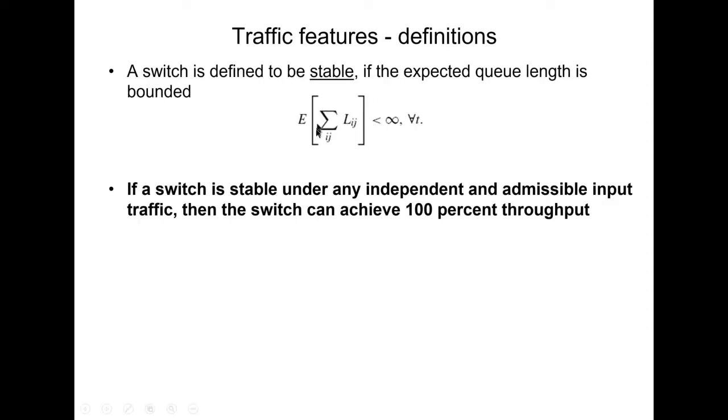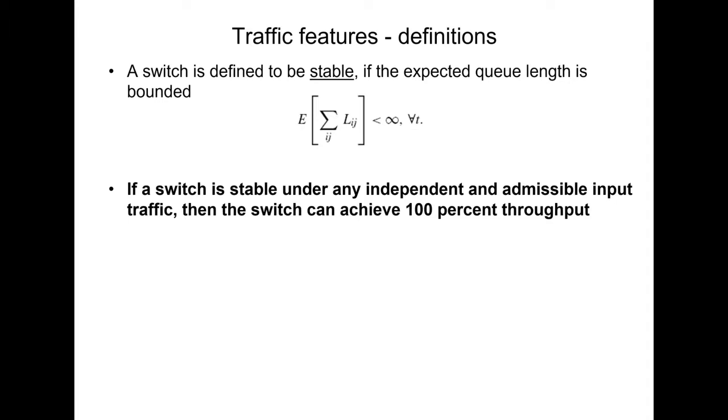A switch is stable if the average value of the lengths of the queues is bounded and is not going to infinity.